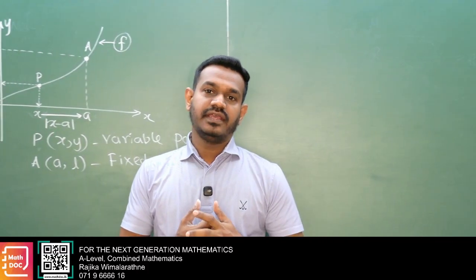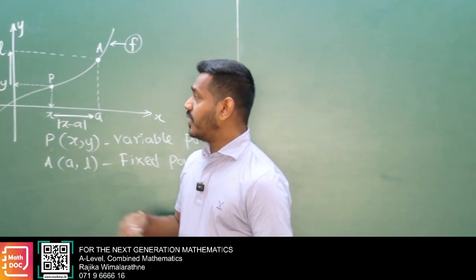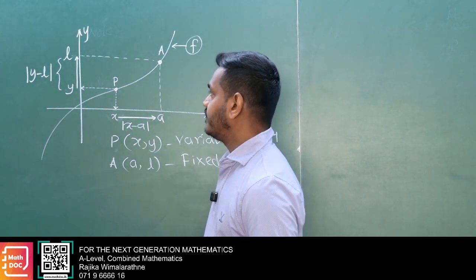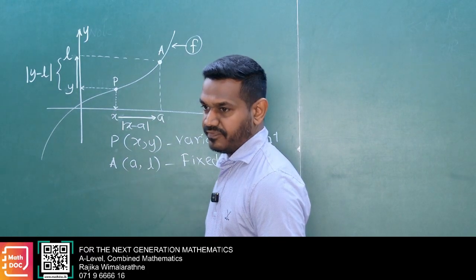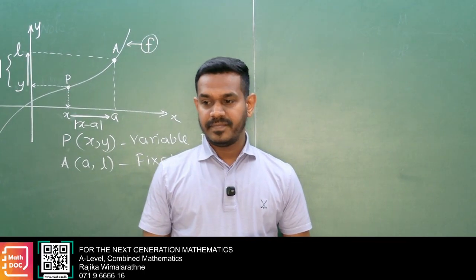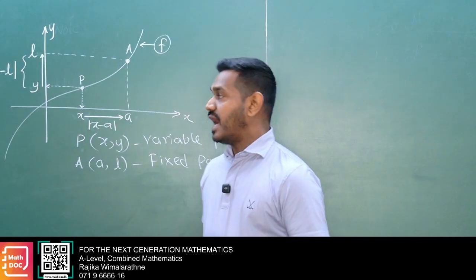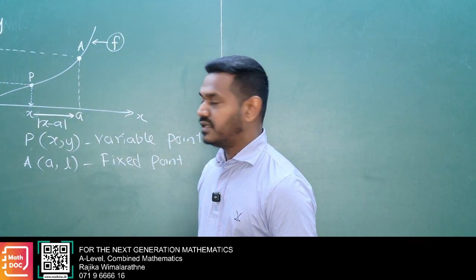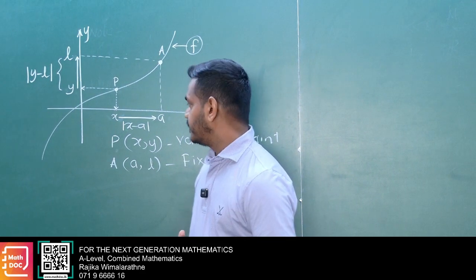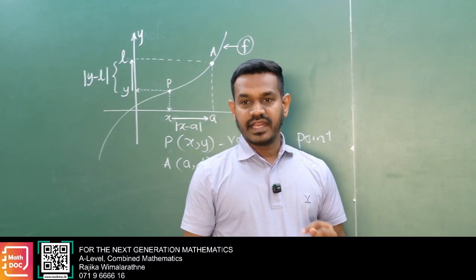A point on the function, capital A, within bracket a comma L, is a fixed point, and a point on the function P, within bracket x comma y, is a variable point.